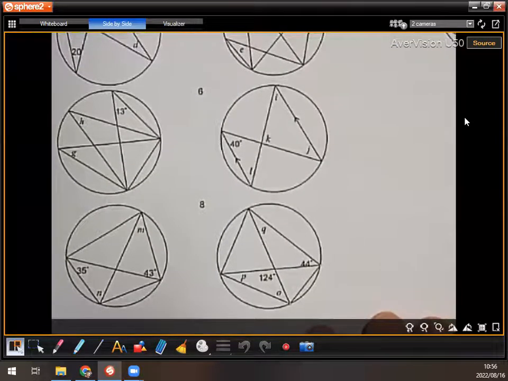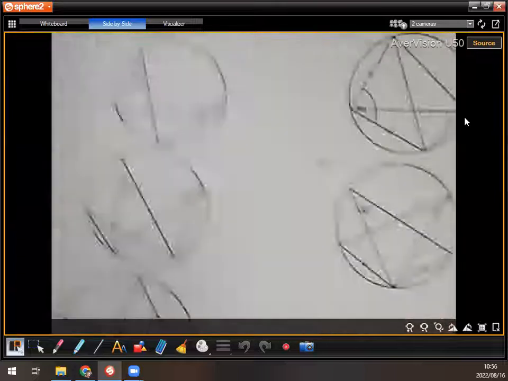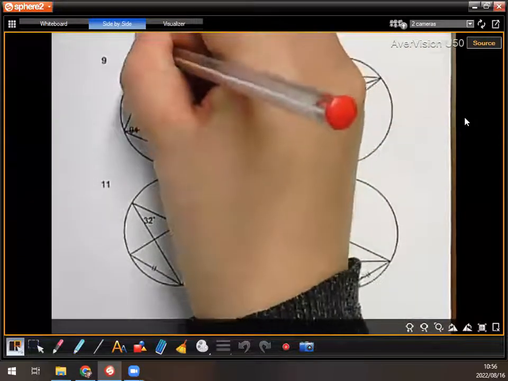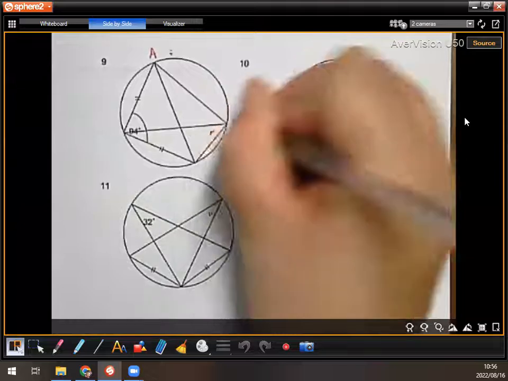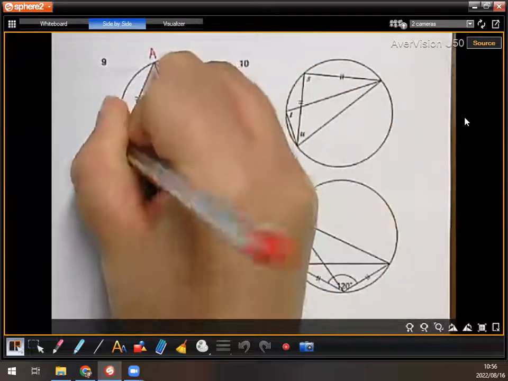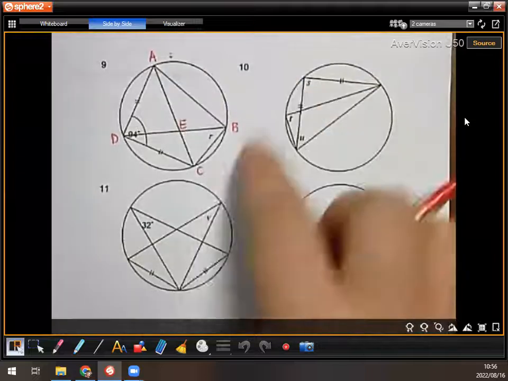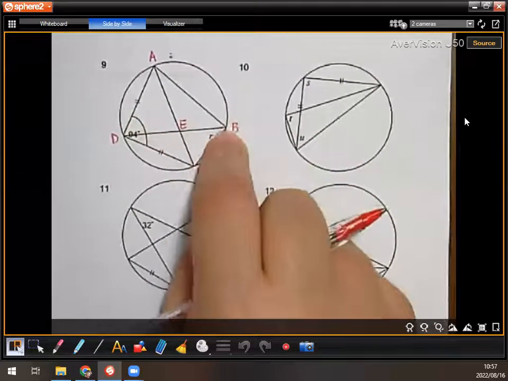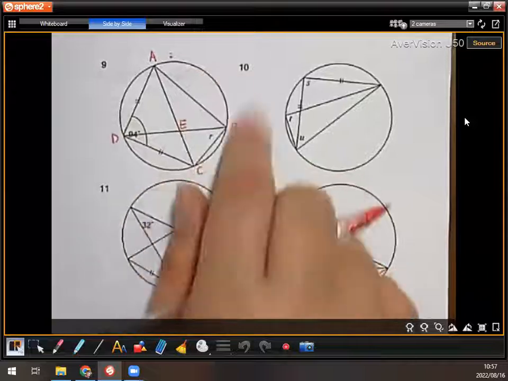Sorry, I'm just checking for which ones we actually have to label. Okay, it will only be these last 4. Let's do A, B. Can you all just fill this in on your pictures, please? Just label those points. A, B, C, D, E. Because you're probably not going to be able to go straight from this angle to get R. You're going to have to show some in-between work.